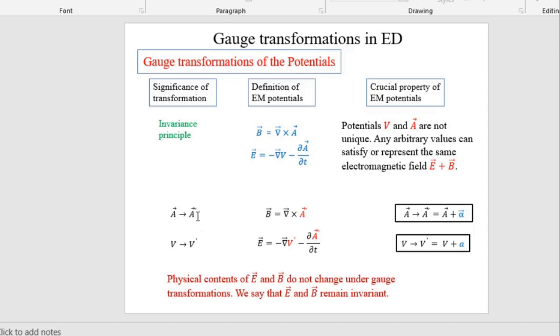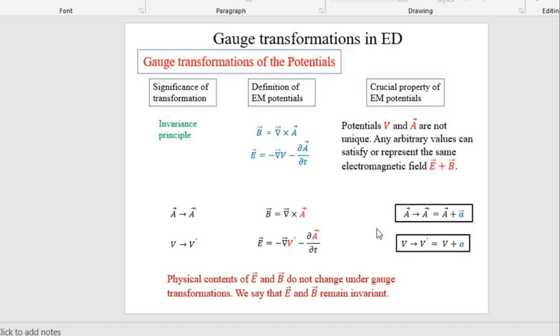Now suppose these new potentials A prime and V prime are connected to the old potentials A and V through these relations: A prime is equal to A plus alpha and V prime is equal to V plus a. That means we have changed the vector potential A to A prime by an amount alpha, and the scalar potential V to V prime by an amount a.